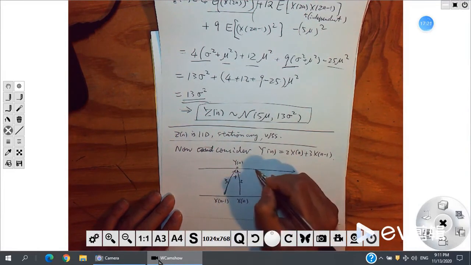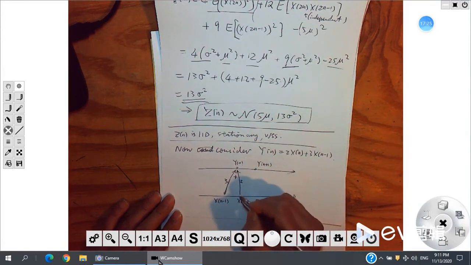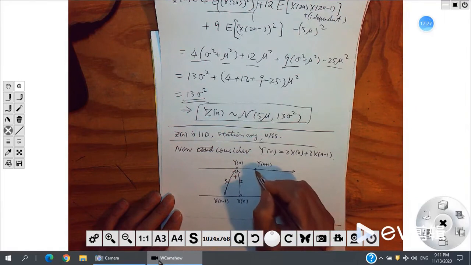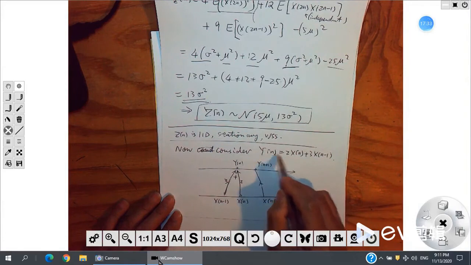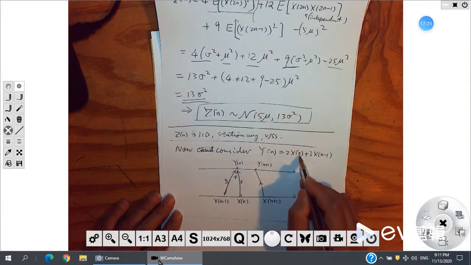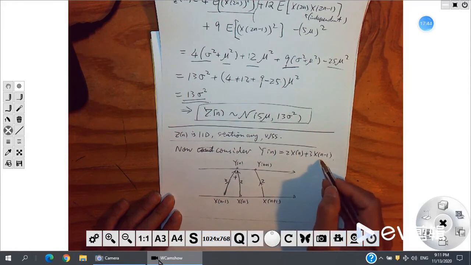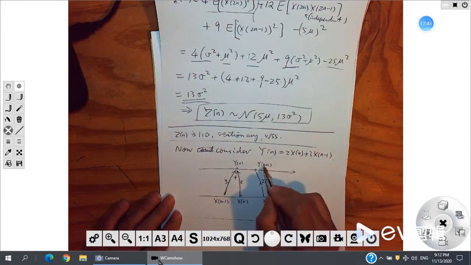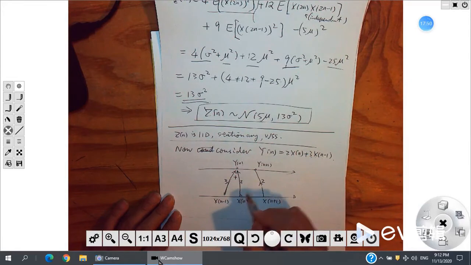Then next, Y of n plus 1. Where does it come from? It comes from X of n plus 1. Here in Y of n, I have 2 times X of n, so in Y of n plus 1, I have 2 times X of n plus 1. Then I need 3 times X of n minus 1, but now n is n plus 1, so here it will be 3 times X of n.